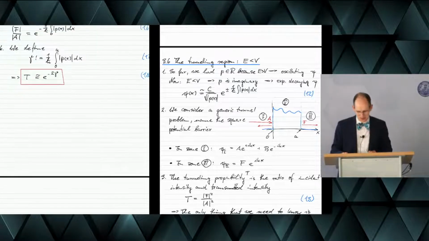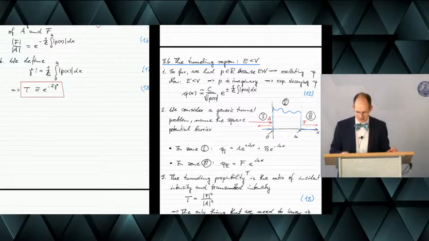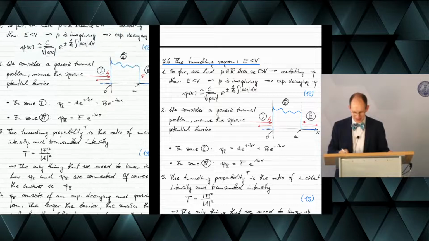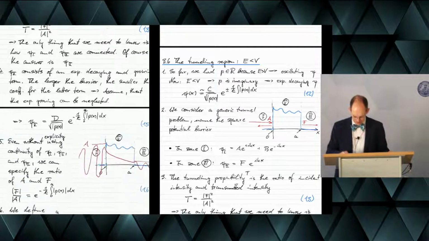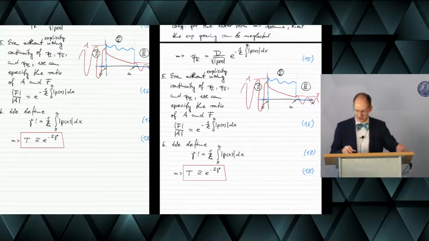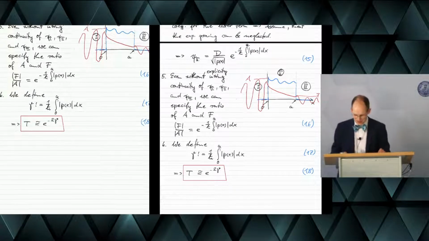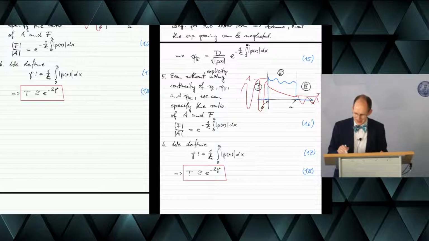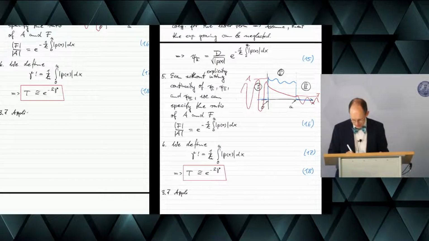Good. We look for field ionization. I think we are at chapter 3.7. So here is the other material so that you can still have a look at it. 3.7. Application to field ionization.